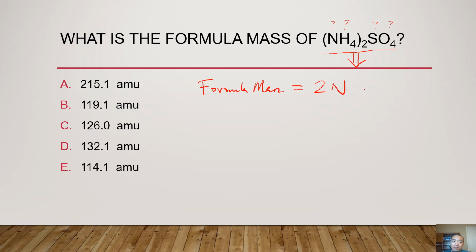Hopefully you know how to count it right now, okay? Plus 8 hydrogen, 1 sulfur, and 4 oxygen. Not 40, but 4 oxygen. So if you put it together, we will have D as the correct answer.